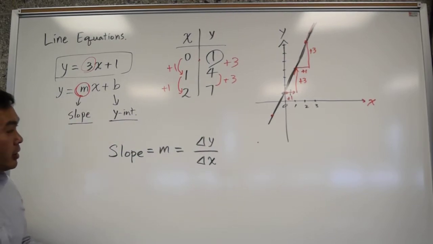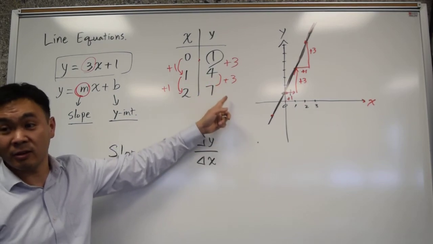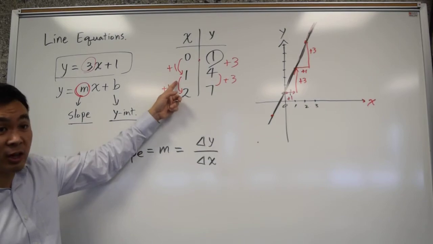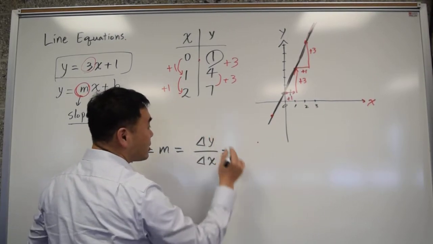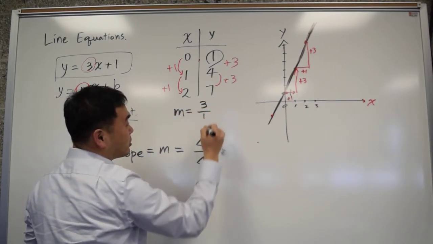And in this example, what's the change of y? 3. Y increased by 3. So change of y is 3. What's the change of x? 1. So in our example, m is equal to 3 over 1.